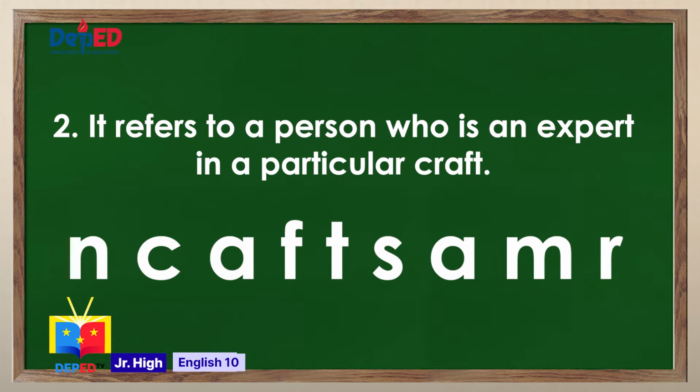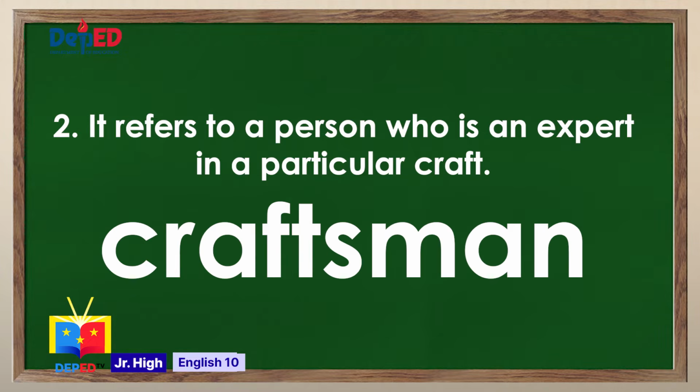Number 2. It refers to a person who is an expert in a particular craft. If your answer is craftsman, you have another point. Example: David has been working as a master craftsman in Laguna for 20 years now. Number 2 is craftsman.